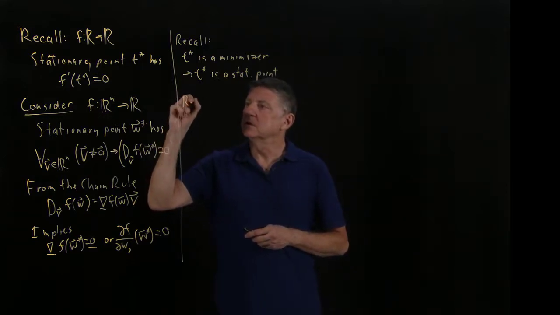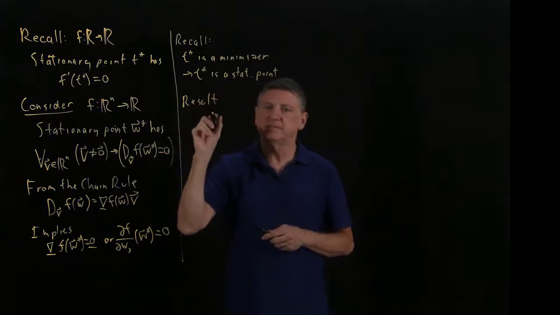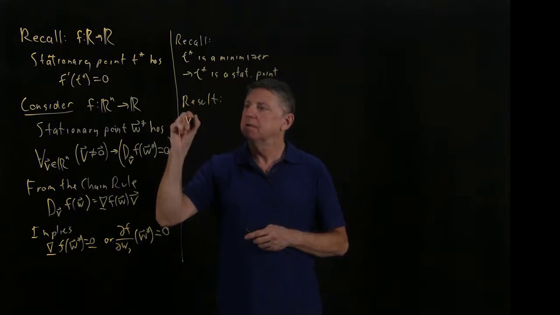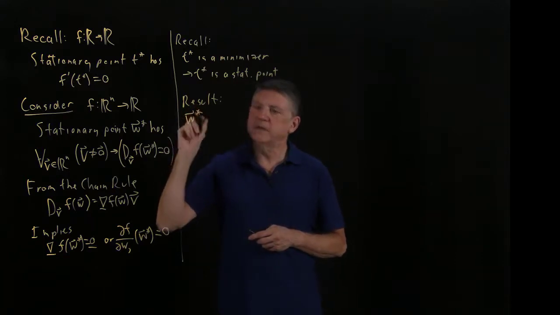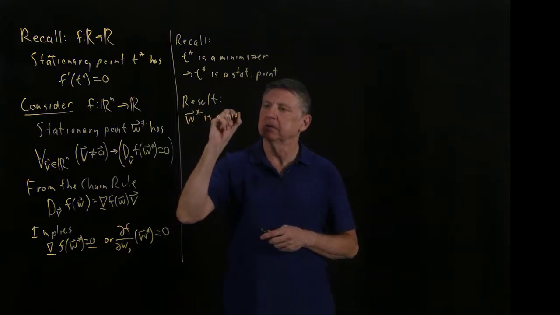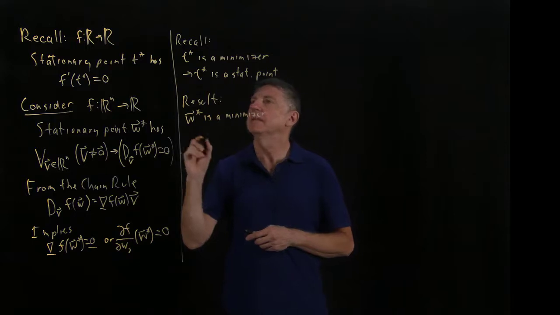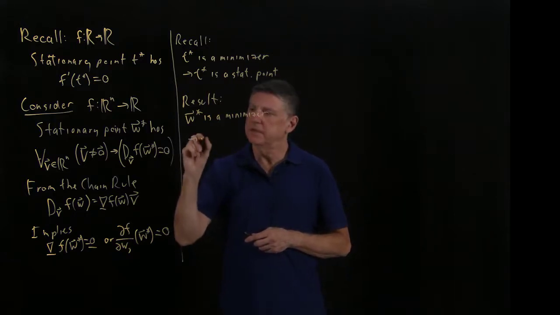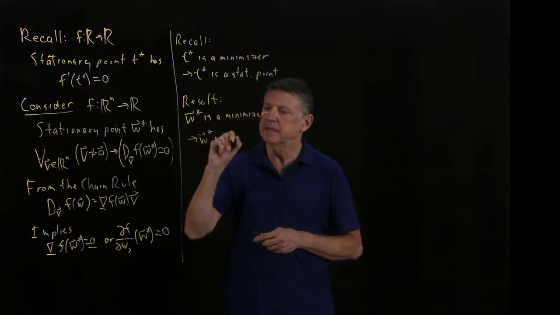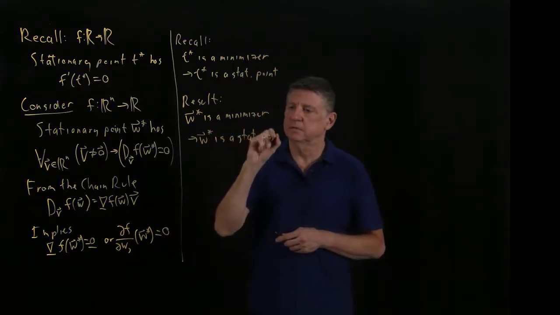The result that we get when we go from scalar land into vector land is that if a point W star is a minimizer, that implies that W star is a stationary point.